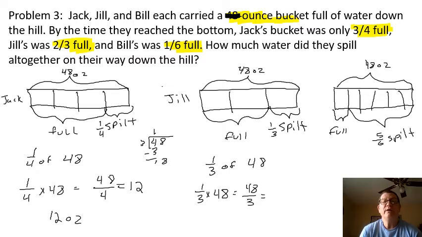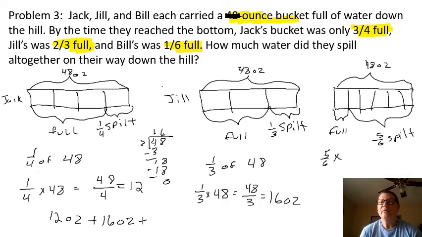We got 18. 3 going into 18 6 times. 6 times 3 is 18. So we can see this was 16 ounces. So far we have 12 ounces plus 16 ounces that were spilled. And we're still looking for Bill's now. Now, according to Bill's, he said he spilled 5/6 of 48.